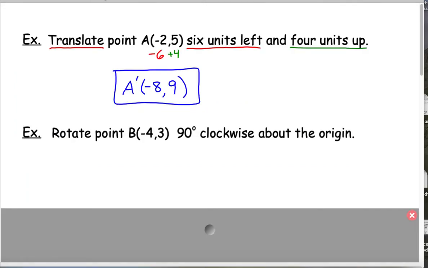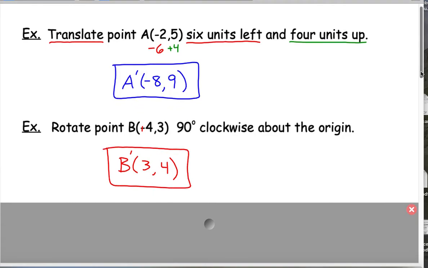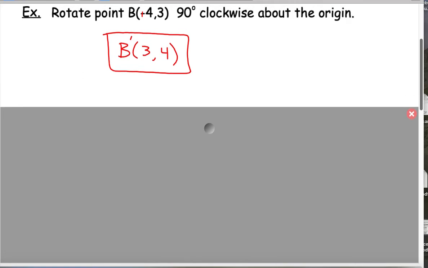Let's switch the order. So B prime, 3, negative 4, and then we change the sign of the x number, so that becomes a positive 4. And like I say, you don't need to write the plus. You can just write 4 and be done. And you can verify that using a graph.